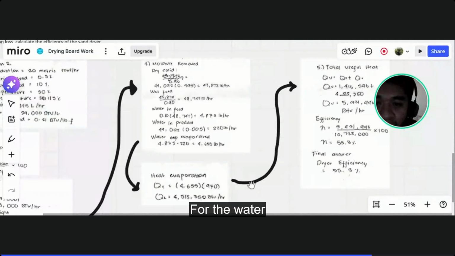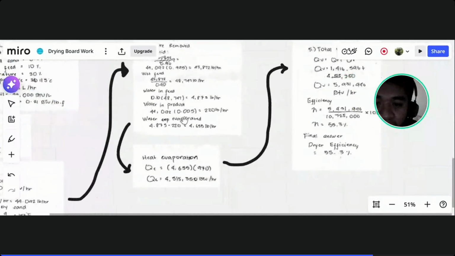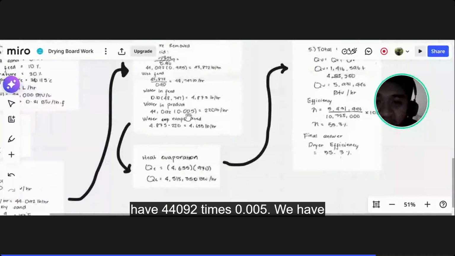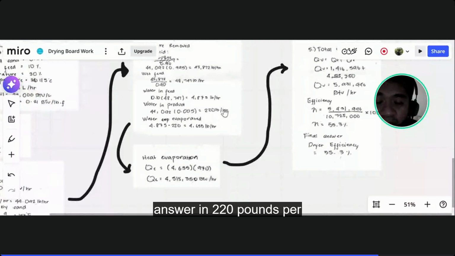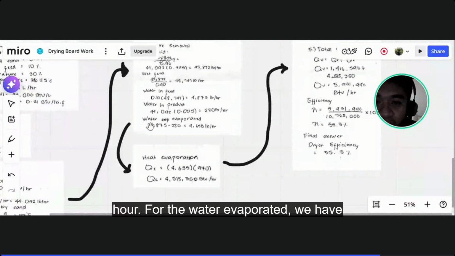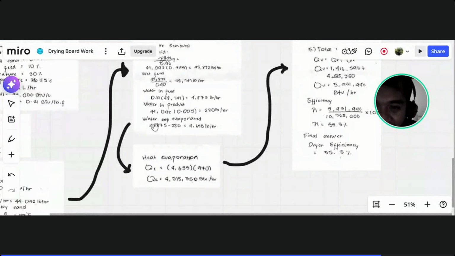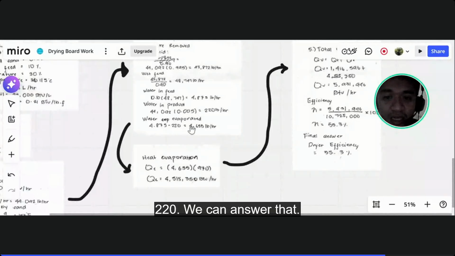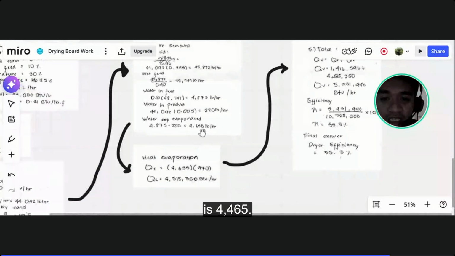For the water in product, we have 44,092 times 0.005, and we get an answer of 220 pounds per hour. For the water evaporated, we have 4,875 minus 220, and the answer is 4,655 pounds per hour.